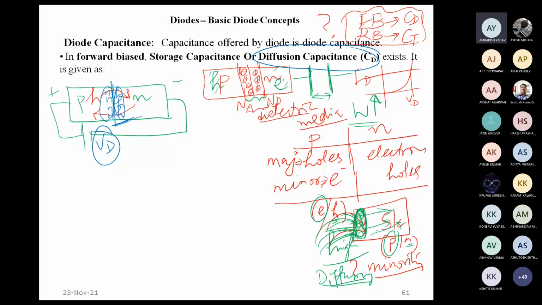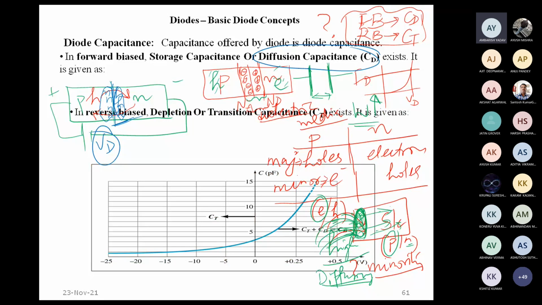Okay, so now we are in a position to define these quantitatively.